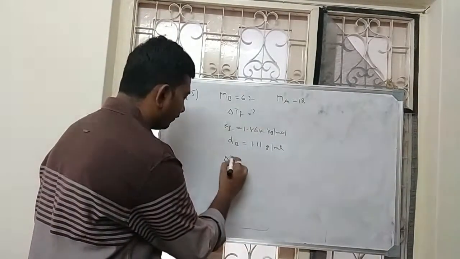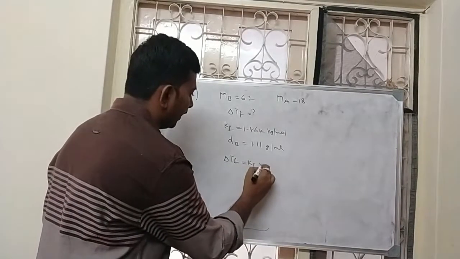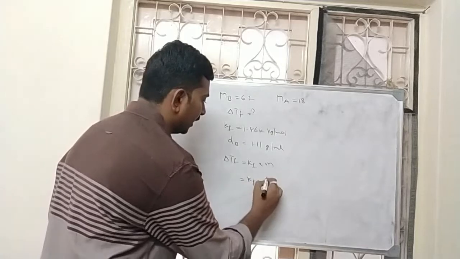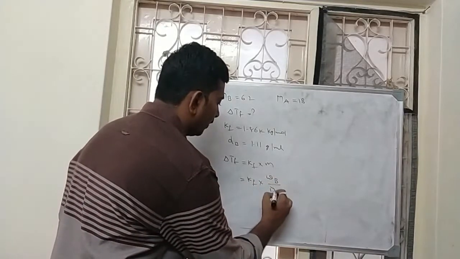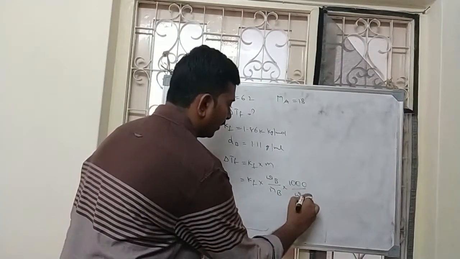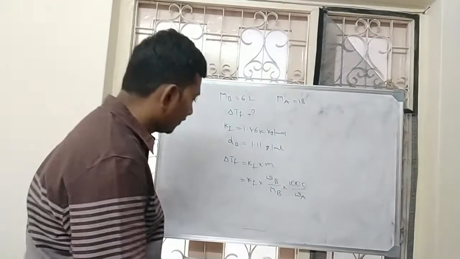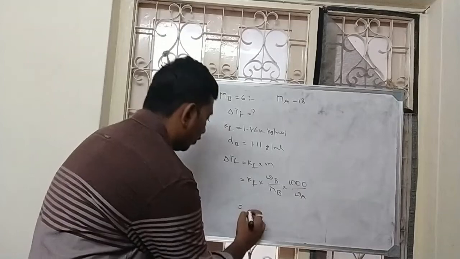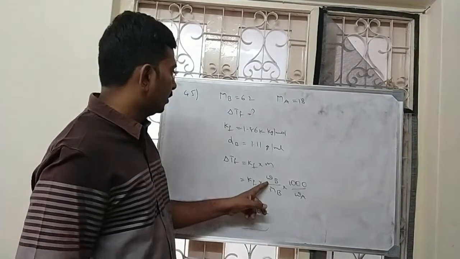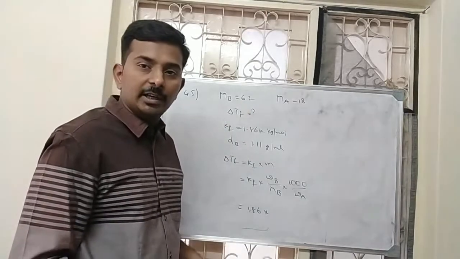So delta TF is equal to Kf into m, which is Kf into molality, which is mass of solute by molar mass of solute into 1000 by mass of solvent. So Kf value is given as 1.86 into mass of solute. So mass of solute is not mentioned here.